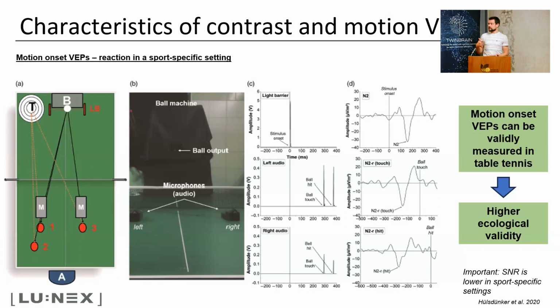In that case, the solution would be 2 ball machines. That is the only option. You have 2 ball machines, and then you do not know which one is putting out the ball. We tried that in another experiment, not with 2 ball machines, but with the motion, and they were always able to anticipate it. The reaction times were 50 milliseconds or something like that. It's not possible without anticipation.